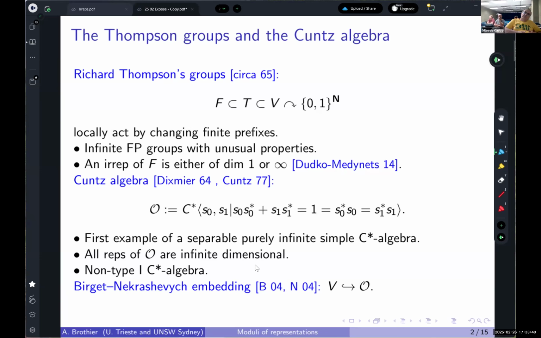And in general, if you talk with someone about the Cuntz algebra and you tell him that you want to look at the irreducible representations, you want to classify them, he will tell you, well, good luck because it's non-type 1. And in some sense, it's true. But here we're going to get a very different point of view that will give us a parametrization.